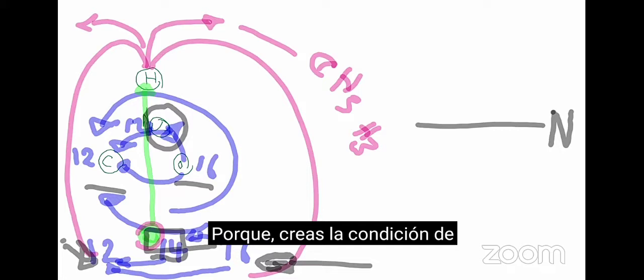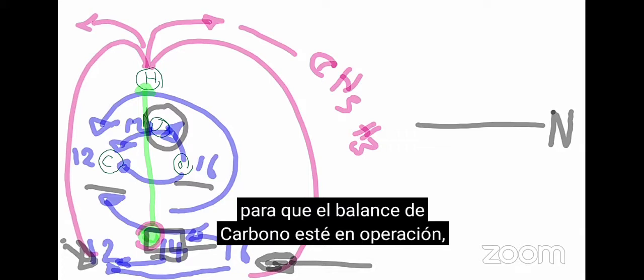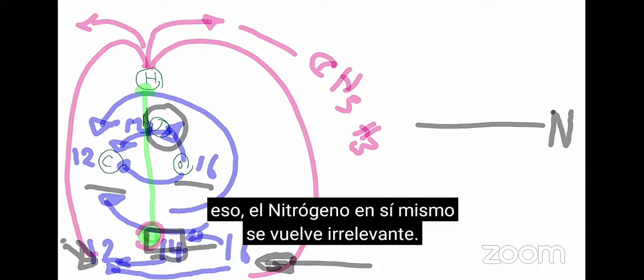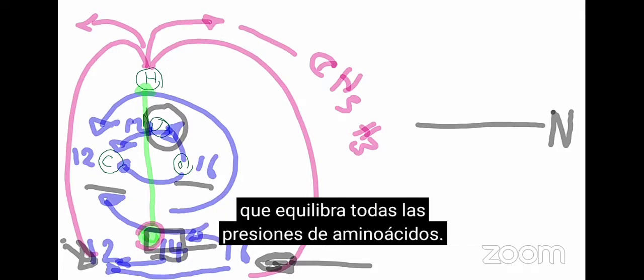Because you create the condition of the gravitational field of the planet, which is providing more field forces for the carbon balance to be in operation, so that the nitrogen itself becomes irrelevant. And then the plant absorbs everything which balances all the amino acid pressures.